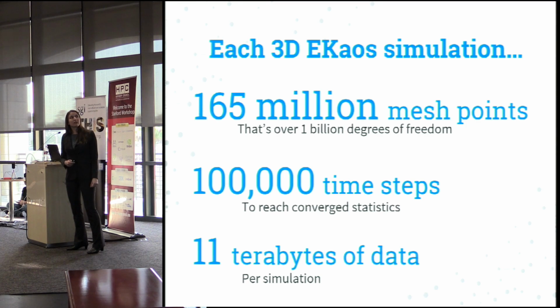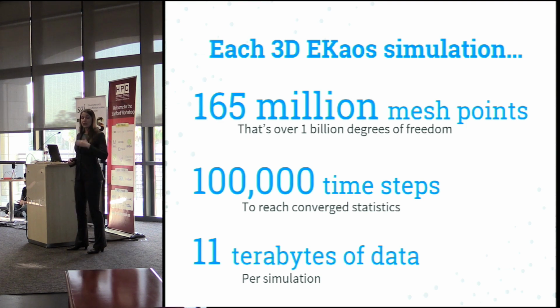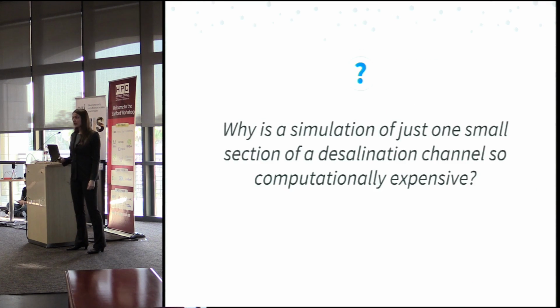In order to get the converged statistics, which in dimensional time is actually running a simulation for maybe a microsecond, it takes 100,000 time steps. And that takes about 3 weeks to actually run the simulation. And one of these generates around 11 terabytes of data, which then have to be post-processed.